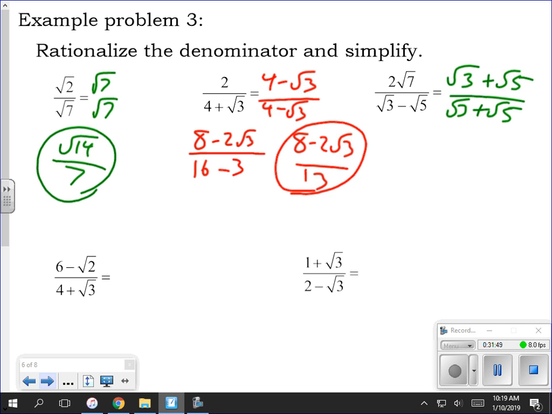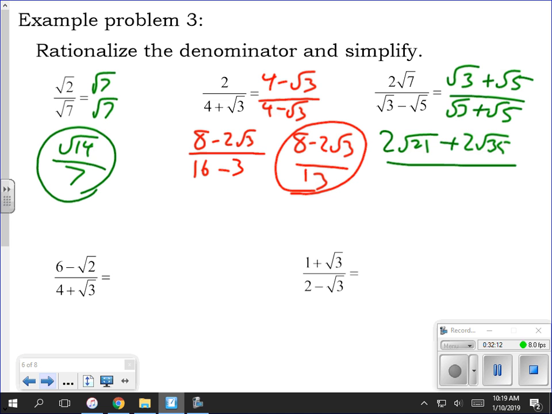Distribute. 2 root 7 times root 3, 2 root 21. It's underneath the radical, it gets multiplied and stays there. 2 root 7 times root 5, 2 root 35.